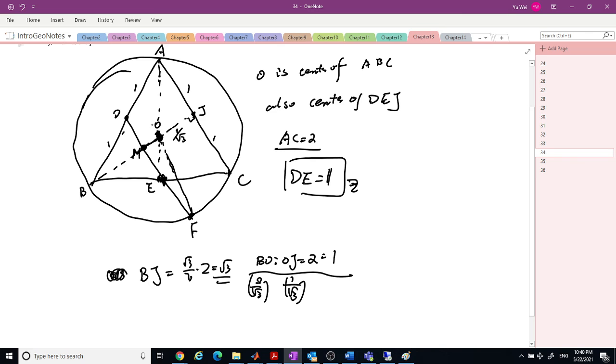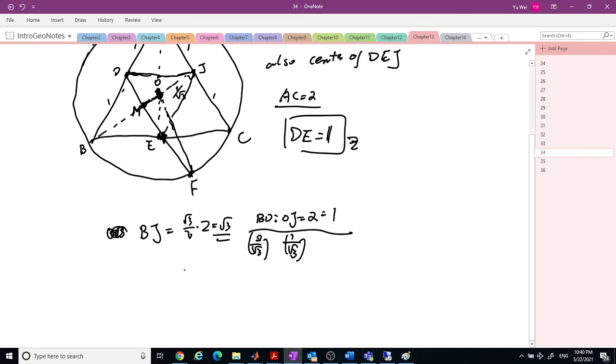Okay, and because of the symmetry, O is also the centroid of DEJ, right? So that means you also know OM. You also know OJ over OM with respect to the triangle DEJ.